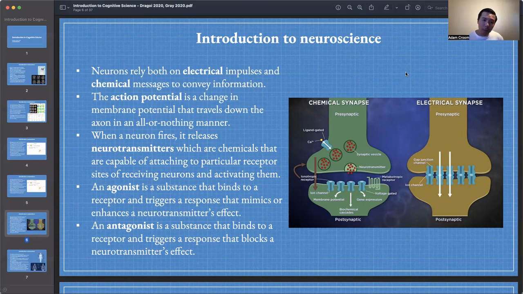An agonist is a substance that binds to a receptor and triggers a response that mimics or enhances a neurotransmitter's effect. This is like an on sort of switch, right? An antagonist is a substance that binds to a receptor and triggers a response that blocks a neurotransmitter's effect. It's like an off. So that's the difference between agonists and antagonists.